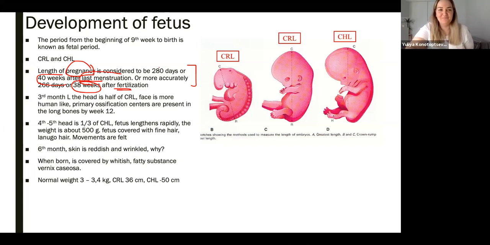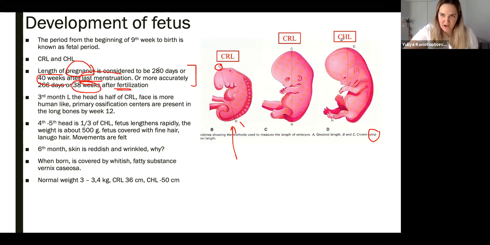Okay, so pregnancy, we talked about that, the numbers. There are 2 ways to measure the embryo. There is a crown rump length, which is from the crown to the rump. Rump is the old name for ass in British language, okay? Crown rump length. And there is a crown heel length. That's another way to measure it, from the crown to the heel.